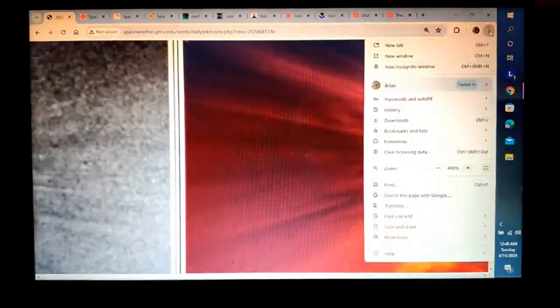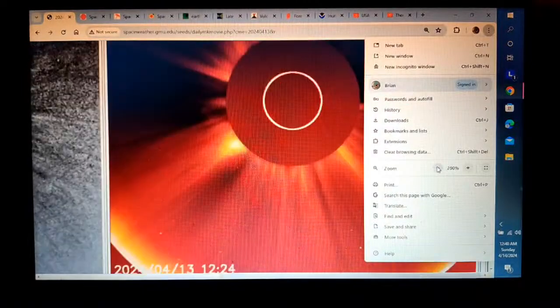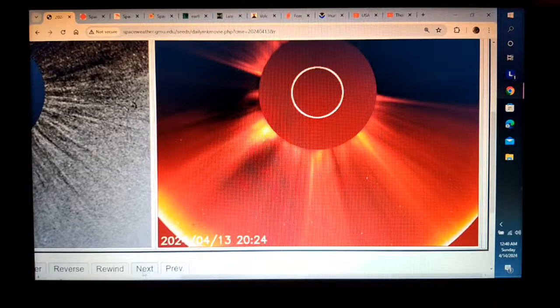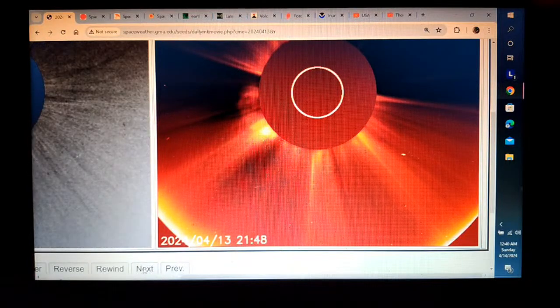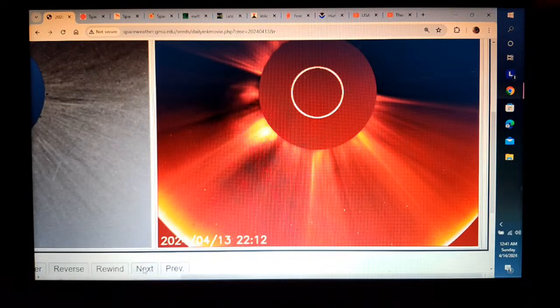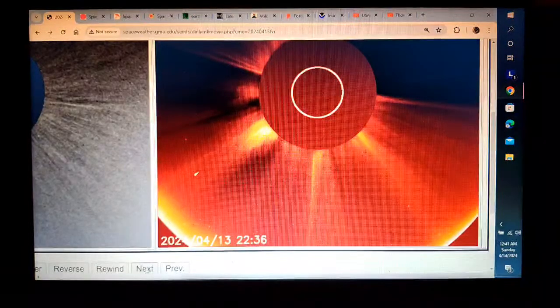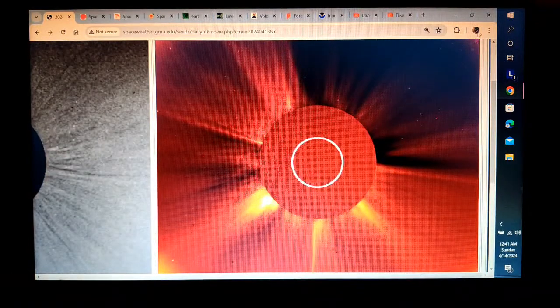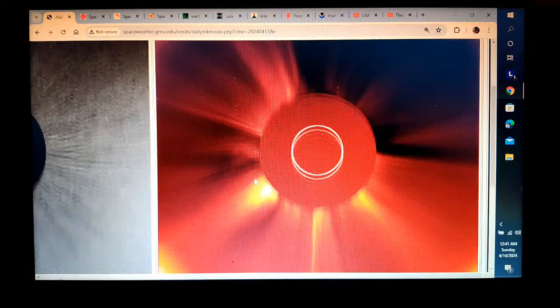All right. So what I need to do is zoom back out and get to the buttons again here. And what I want to do is try to capture this event. All right, there's the CME going out over it. Whoops, there we go. But there's our little circle still there.